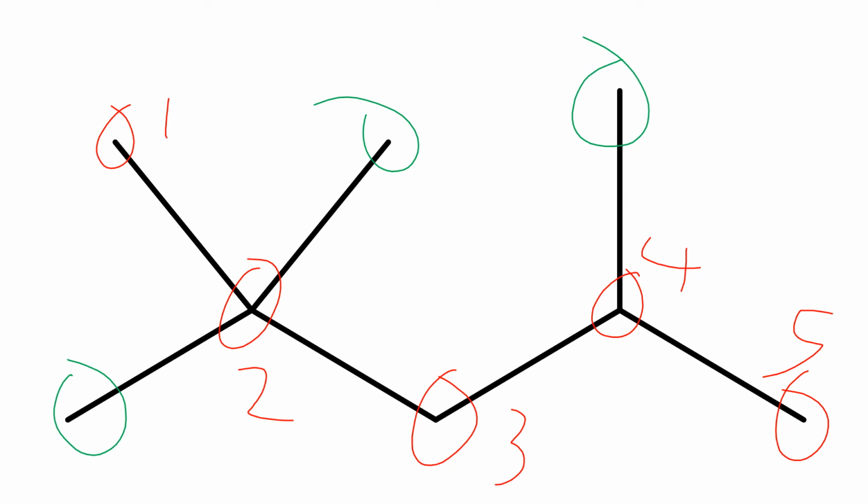So basically you've got 2 methyls coming off of the 2 position and 1 methyl coming off of the 4 position. So what you do is you say 2, 2, 4 trimethylpentane.